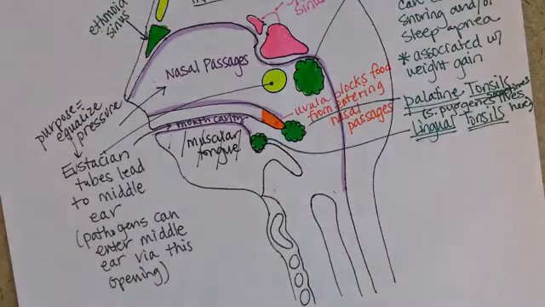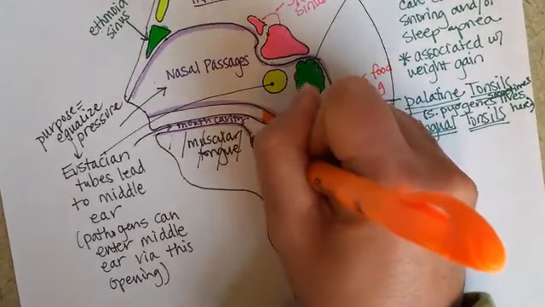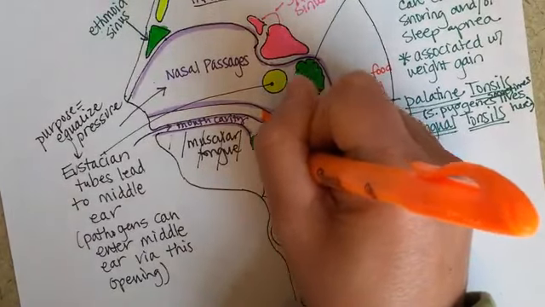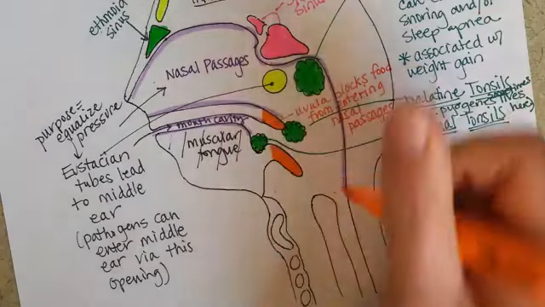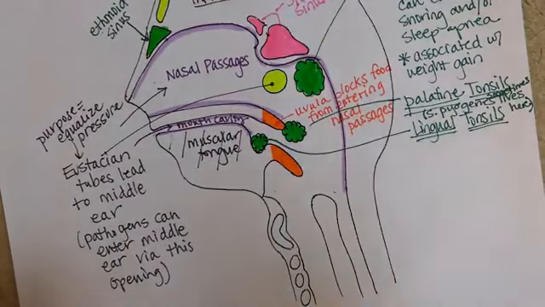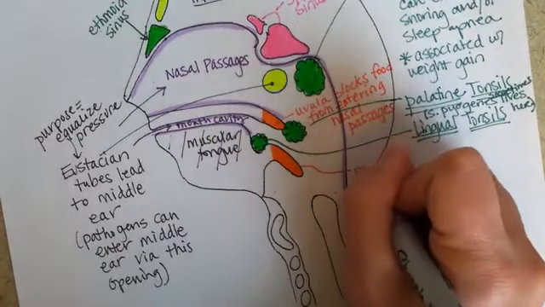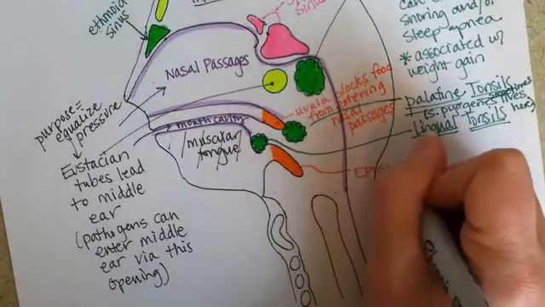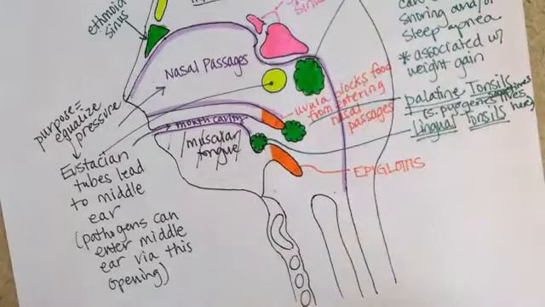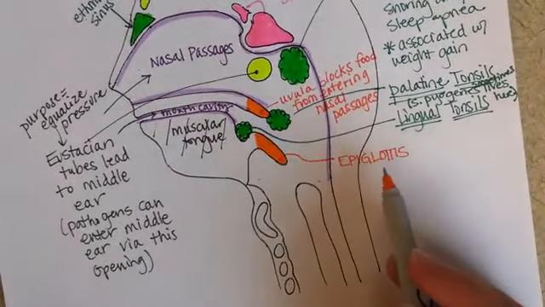And then there is the very important epiglottis. I'll put that in orange too because these are both the important structures that help to prevent choking and food going the wrong way. This is the epiglottis. You might remember from 241 that this is made of elastic cartilage.